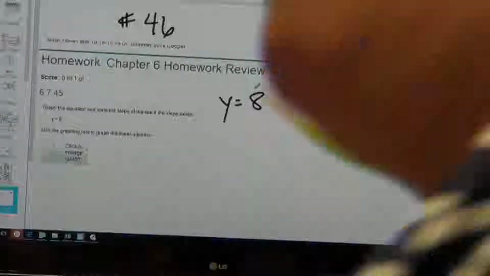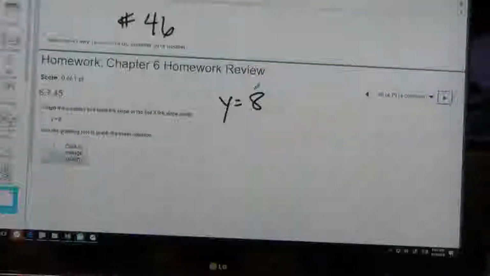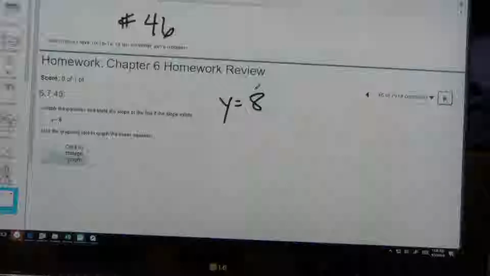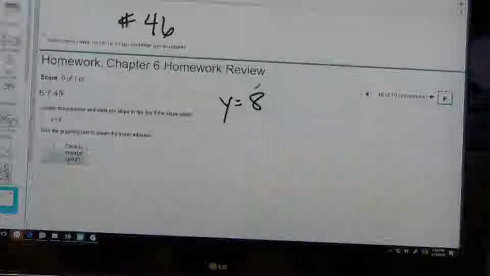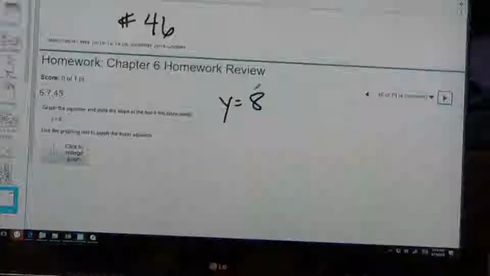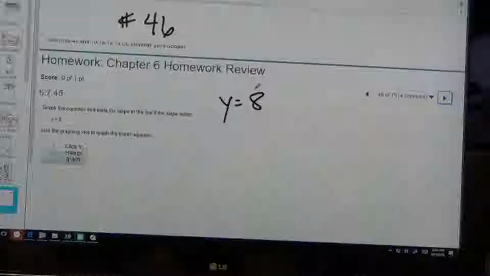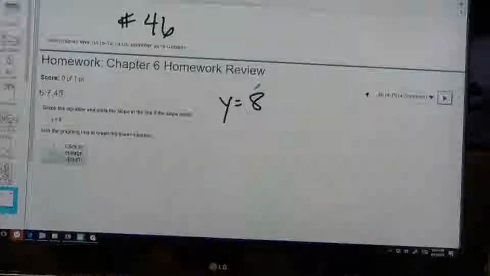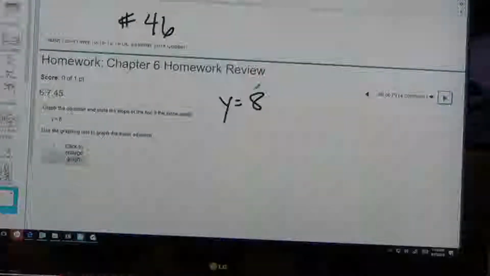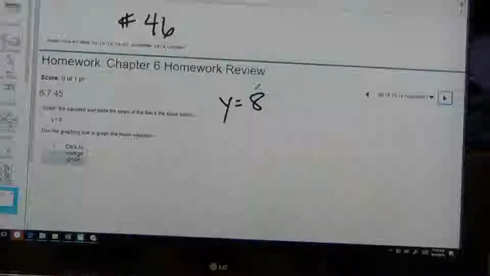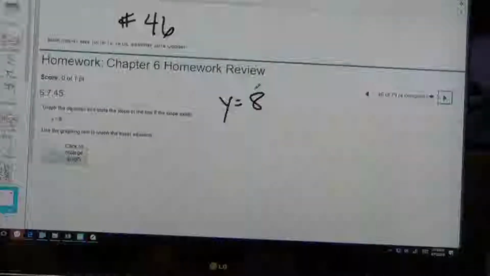So what kind of slope is that? If I'm walking on this, what kind of slope? I'm trying to tell you the name of it. You're not going uphill, not going down. You're just going normal. So it's not up. It's 0. There you go. 0. And then you can use any number.